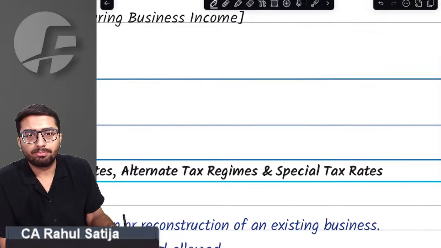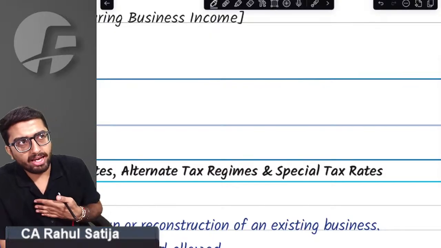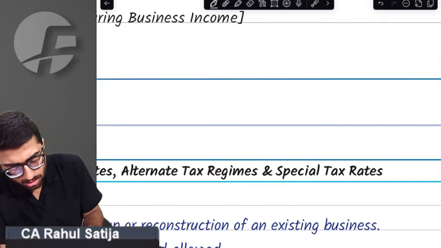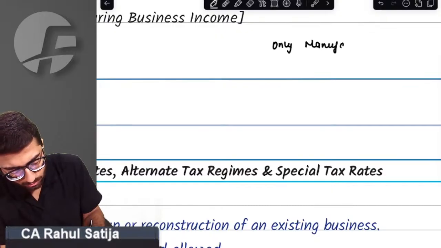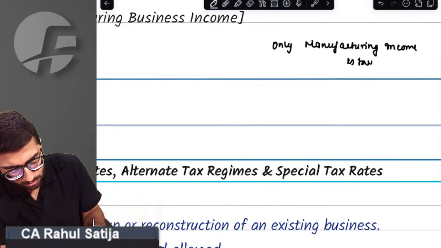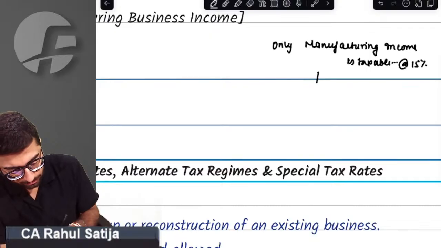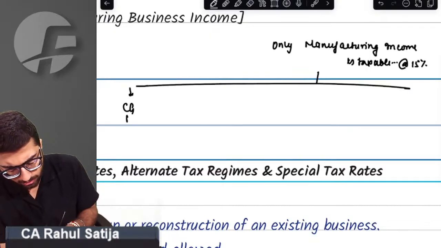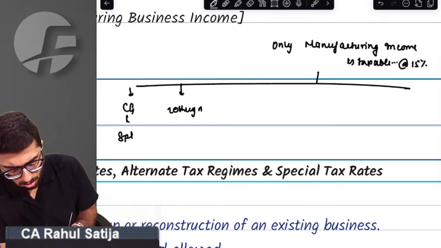Sir, for example, I have been told that only manufacturing income is taxable at the rate 15%. Capital gain, special tax rates. Lottery and all, special tax rates.